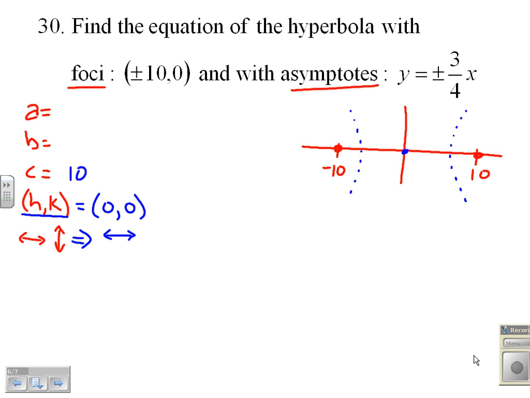So here's what I have right now. This guy is x minus 0 squared on a squared minus y minus 0 squared on b squared equals 1. But I don't have enough information for a or b yet. But focus gives me that much.